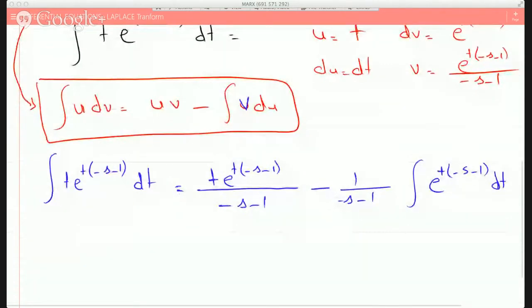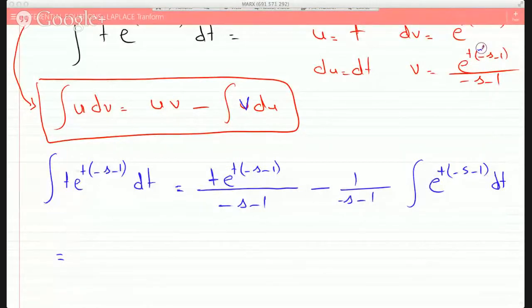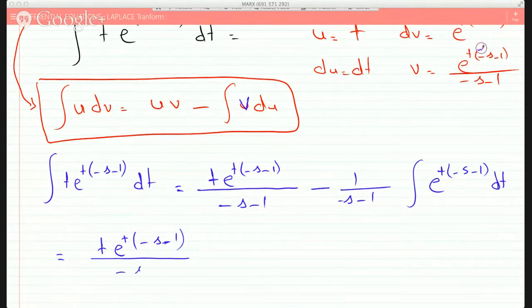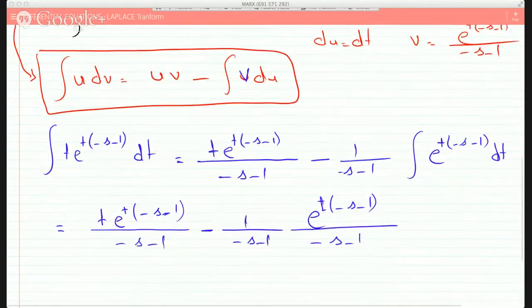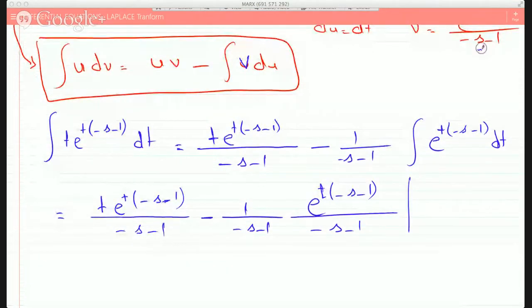That becomes t e to the t times minus s minus 1 over minus s minus 1, minus 1 over minus s minus 1, and the integral of that is itself divided by another minus s minus 1. And now we will evaluate from 0 to b.